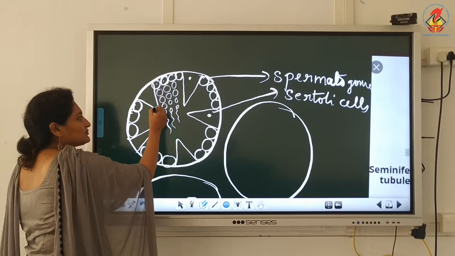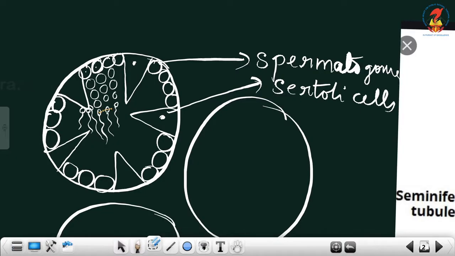So, these 3 sperms I am bringing here. They get embedded in the adjacent Sertoli cells. The head is embedded in the Sertoli cells. So, guess the function of the Sertoli cells. The Sertoli cells give nourishment to the sperms.